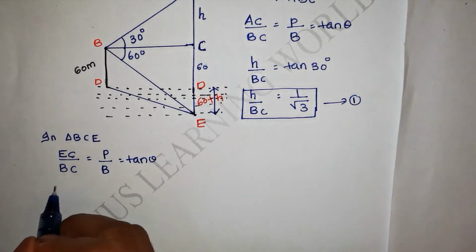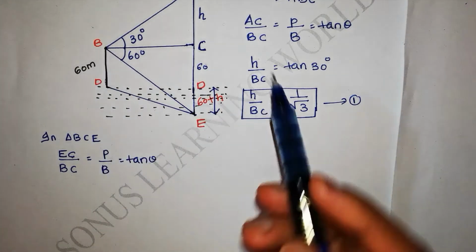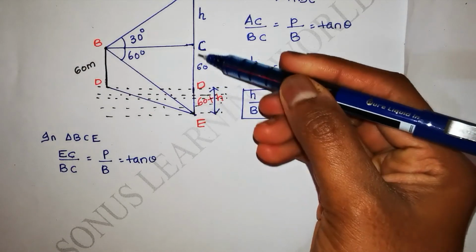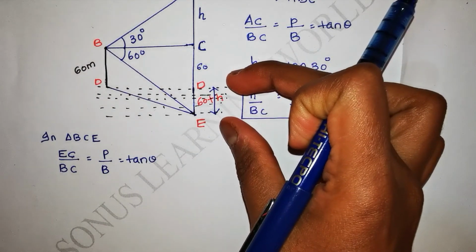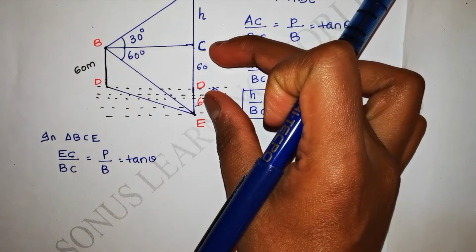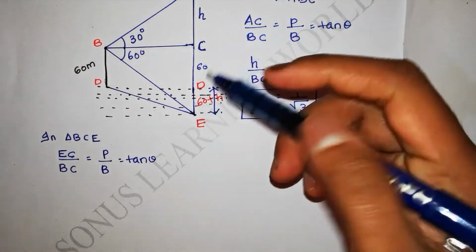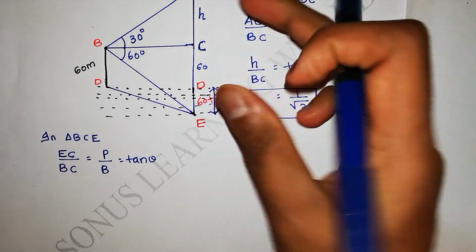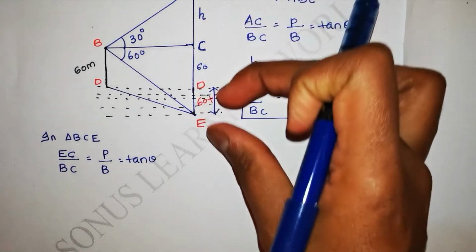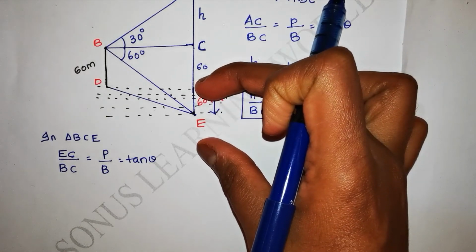Okay students. So next, what is EC? Where is E? EC is, this much is 60 plus H and this much is 60 students. Concentrate, this much is 60 plus H. The shadow will be formed at this much distance below the surface of the water.